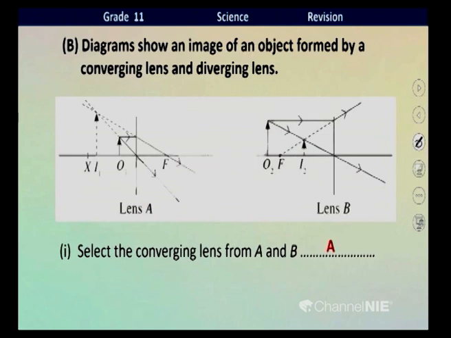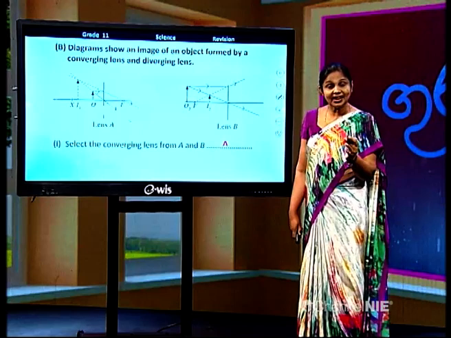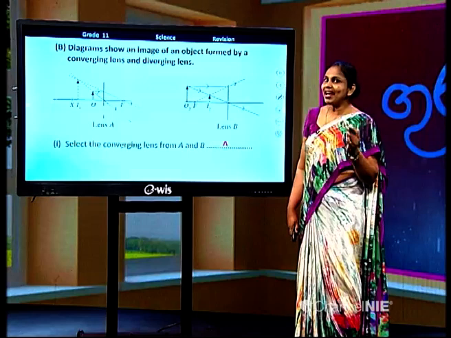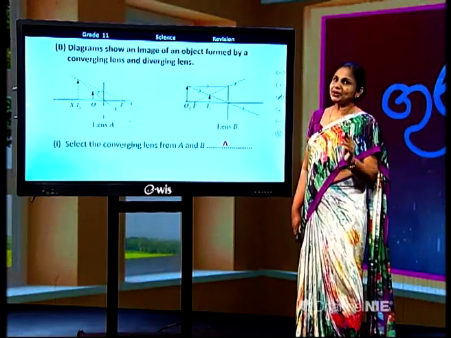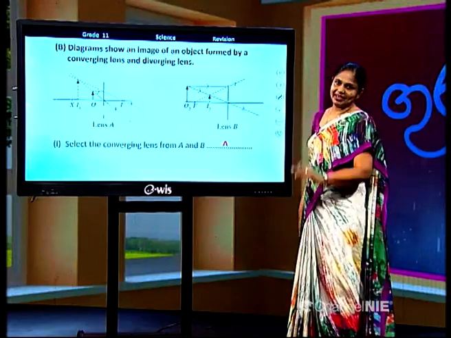When you observe the A diagram carefully, this is relevant to observing a small thing using a hand lens, right? A virtual magnified image formed on the same side of the object is only by a convex lens. Therefore, the converging lens here must be A.